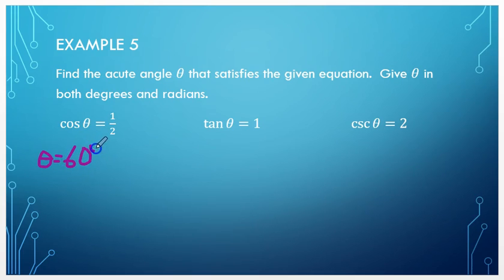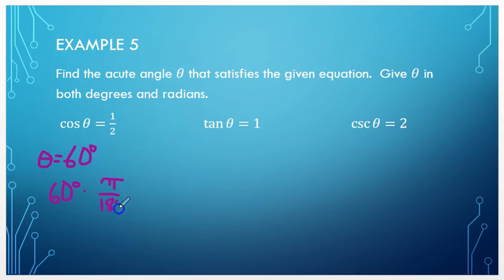Now, some questions will ask you to specify the answer in degree measurements. Sometimes they will ask you to do it in radians. So for these directions, I just went ahead and said show both, but always pay attention to the directions. Usually they just want one or the other. So I'm also going to take this angle measurement and do the conversion to get it back into radian form. So if I wanted to change 60 into radians, I would do 60 degrees times pi over 180.